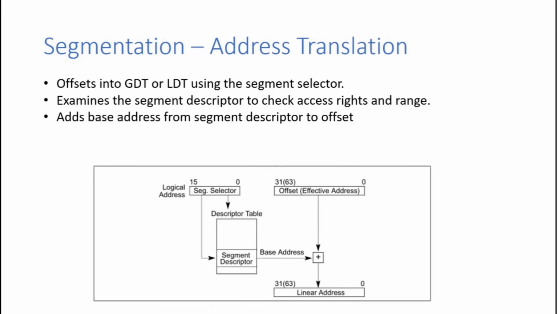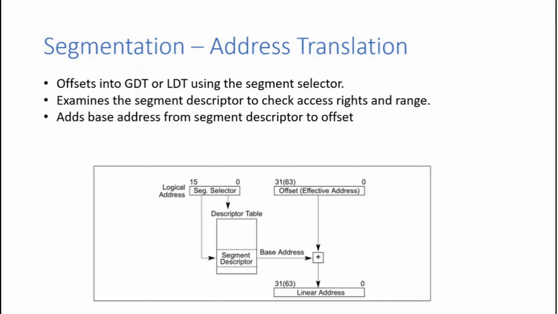The translation from logical address to linear address is done using the segmentation unit, which examines the TI field in the segment selector to determine which descriptor table is used, whether it is the GDT or LDT. Then it computes the address of the segment descriptor from the index field of the segment selector.